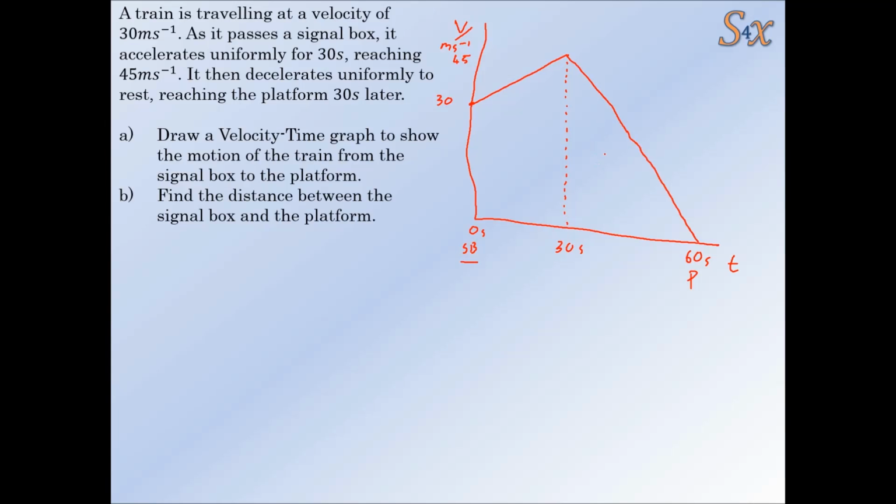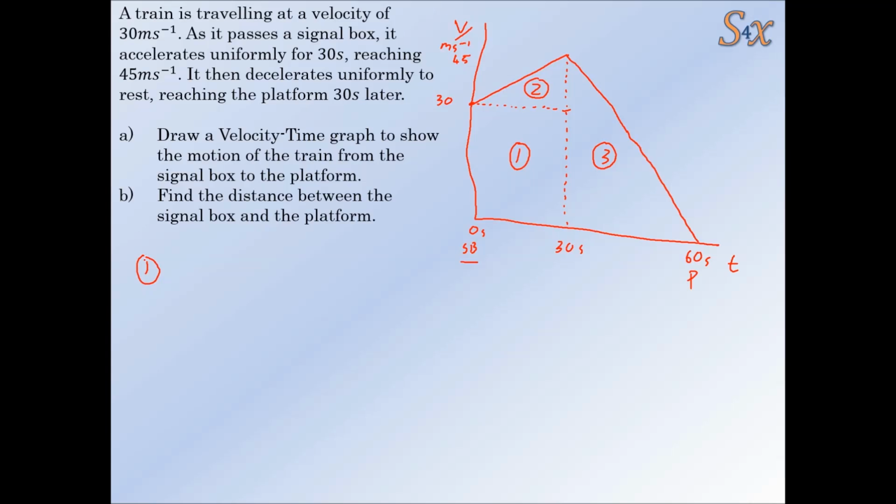You can see this one on the left is just a triangle. This one's a trapezium. If you're happy, you can just figure out the area of the trapezium. If you'd prefer, which I do normally, split it up into a triangle and a rectangle, so you don't have to remember the area for a trapezium. I'm going to number these areas. I'm going to figure out each of the areas in turn, add them together, and that should give me the total distance traveled by this train in that 60-second period.